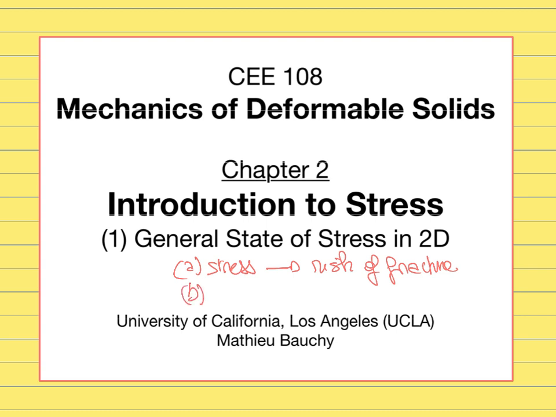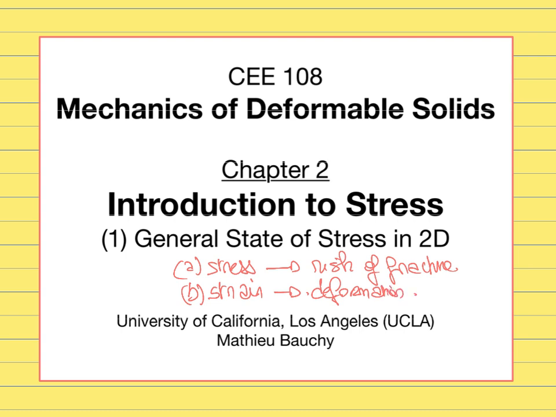And then the second thing, another key concept of CE 108, which is what we are going to talk about in chapter 3, is going to be the strain. So the strain, which we are going to talk about in the next chapter, is not going to tell us about the risk of fracture. It's going to tell us about the deformation of the member, like the geometrical deformation of the member.